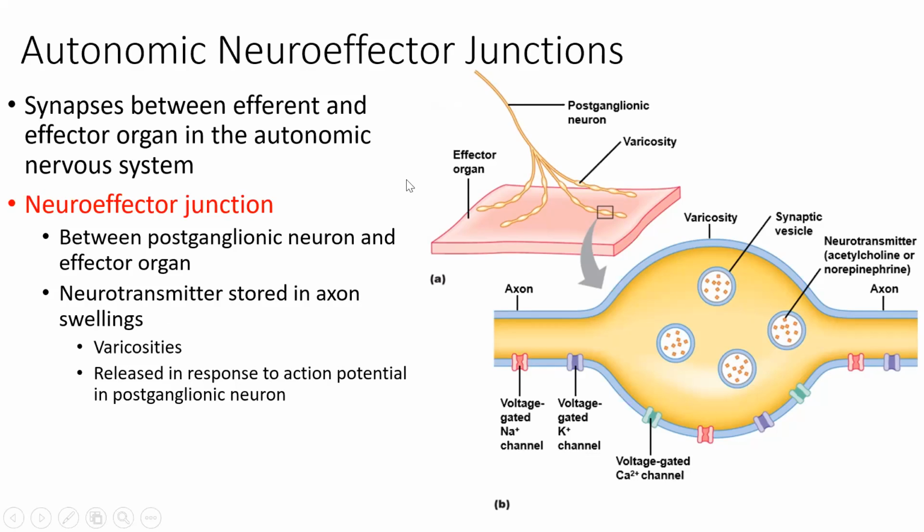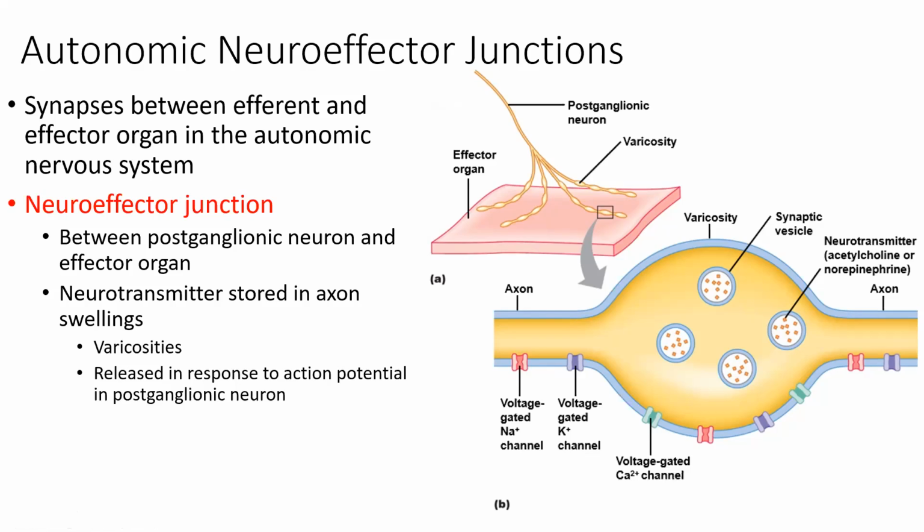Some of the differences here is that we actually have these swellings along the end of the neuron. So we don't have the discrete axon terminal that we've kind of been drawing, the terminal that we see at a neuron to neuron synapse. We actually have just these varicosities that are these swellings that have neurotransmitter in them that are found along the end of the postganglionic neuron.